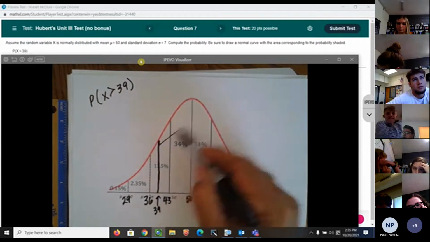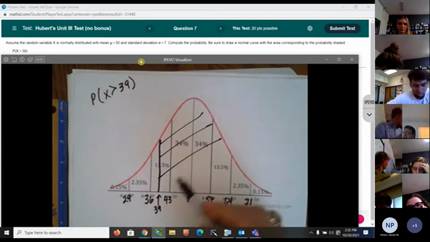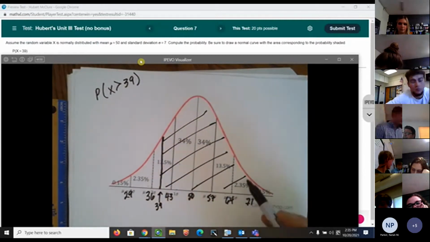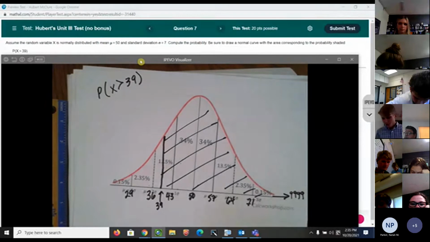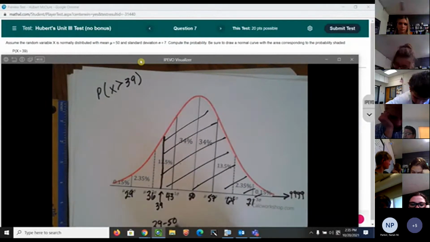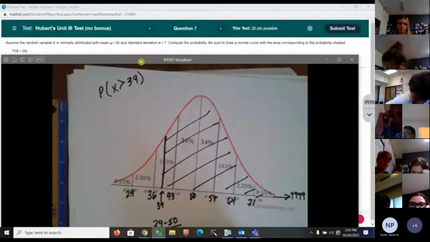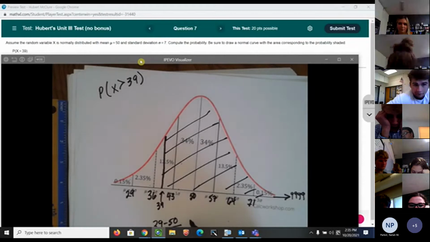More than a test score would be to the right, which means 9999. So 39 minus 50 divided by 7 is going to be 39 minus 50, which is what? Negative 11.